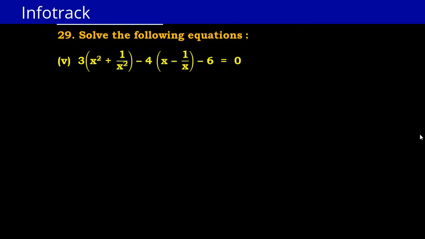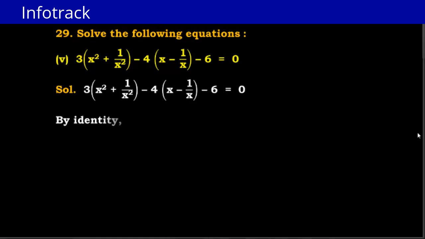What is the equation? 3 into bracket x square plus 1 upon x square, minus 4 into bracket x minus 1 upon x, minus 6 is equal to 0. See, this is the given equation. Now see student, you can observe you have to make both the brackets the same, and for that first you have to use an identity.